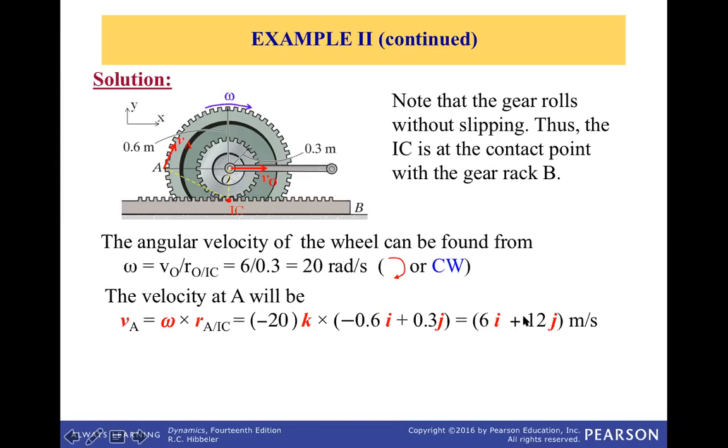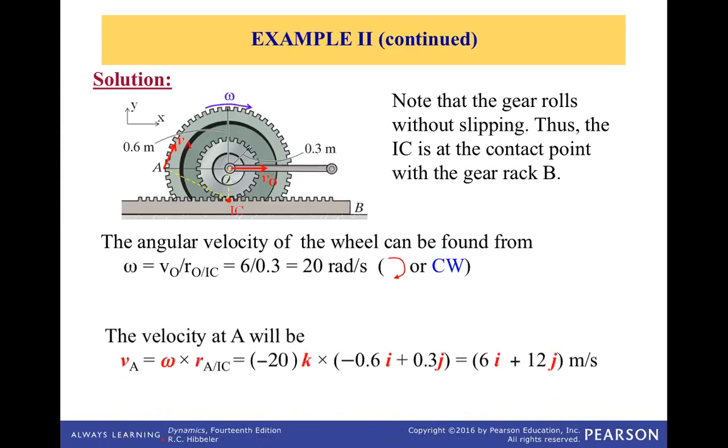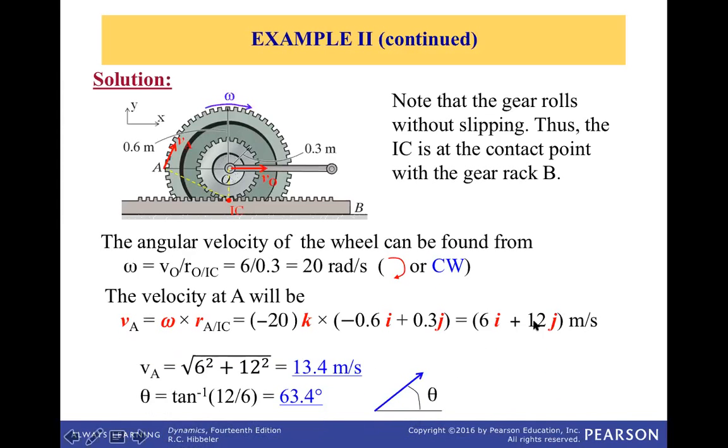Since the solution looks for the velocity of point A, you want to determine the magnitude and direction, or you can express it in this form. You can determine the magnitude by doing the square root of the x component squared plus the y component squared, and the direction angle as tangent inverse of y divided by x.